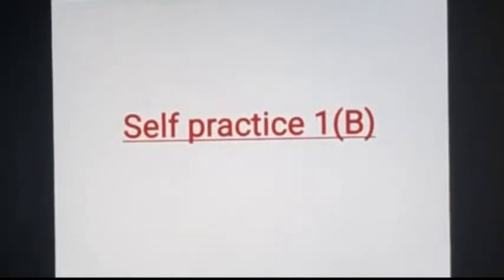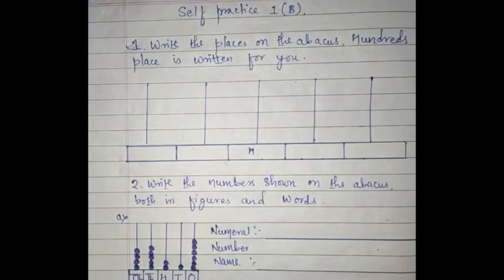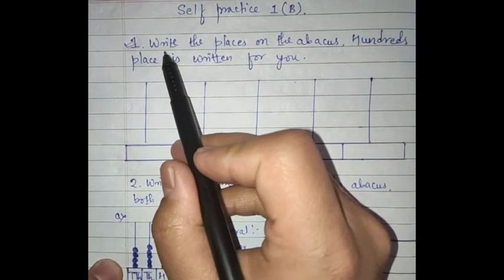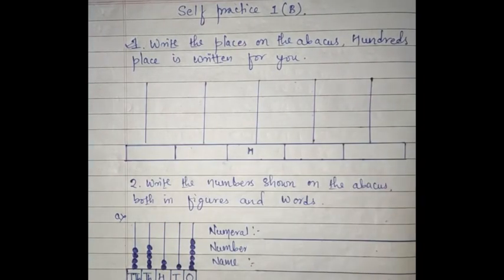So students, we are over with our self-practice 1A, and now we are going to start solving self-practice 1B. Here we have the first question from self-practice 1B. If you look into the book, I have drawn it here in a rough manner. If you didn't like it, you can just copy from your book.